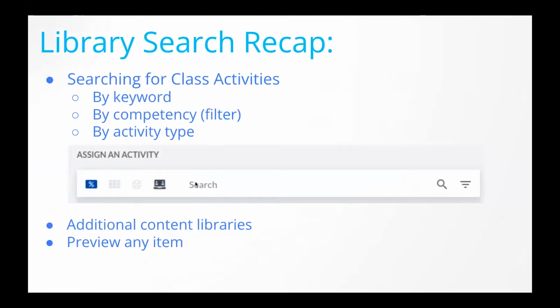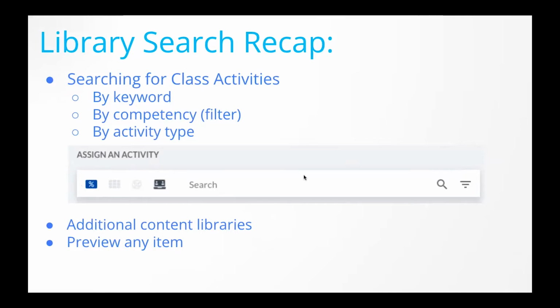If I were searching by a search term, let's say I'm searching for mitosis, I would type mitosis. If I want an assessment, I'd make sure this is blue. If I want a collection of resources instead, I'd click this. And if I wanted something more like a project with the word mitosis in it, I'd click here.